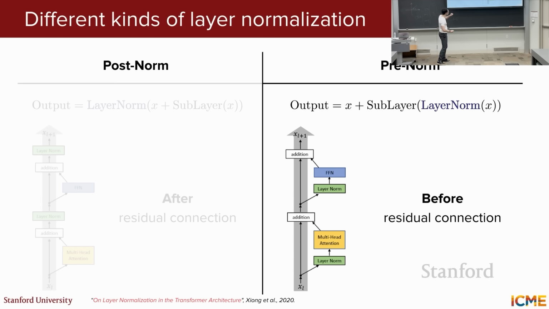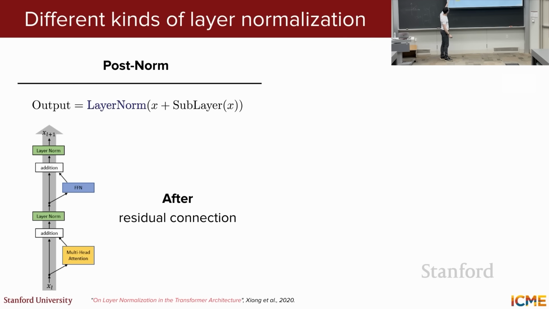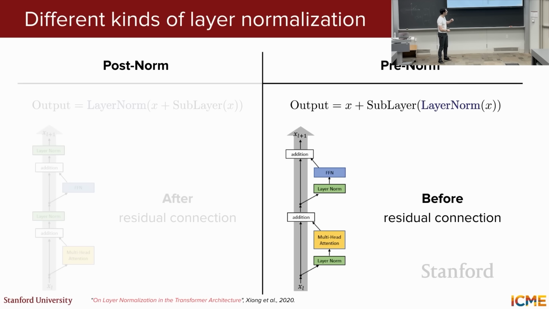In other words, we changed where the normalization is located. In the transformer paper, it was what we now call a post-norm version, and nowadays we use a pre-norm version, which consists of having the layer norm right before the vector goes into the sublayer. The sublayer here can be either the attention layer or the FFN.